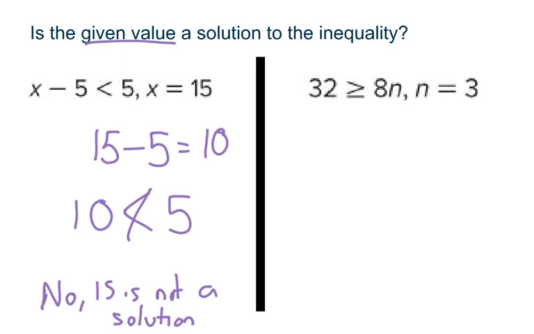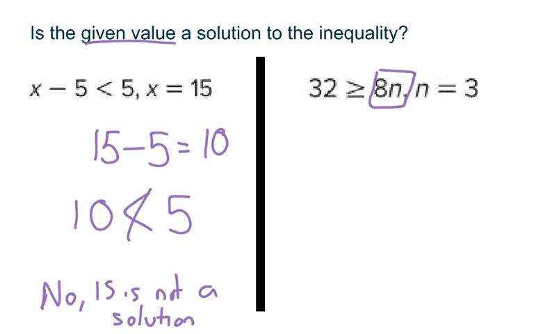On the next one, we have 32 is greater than or equal to 8 times n. What this means is that if 8 times n is less than 32, or if it's equal to 32, then the value is a solution.